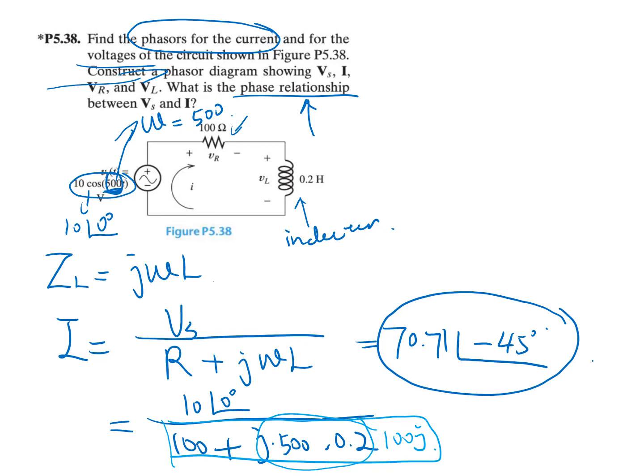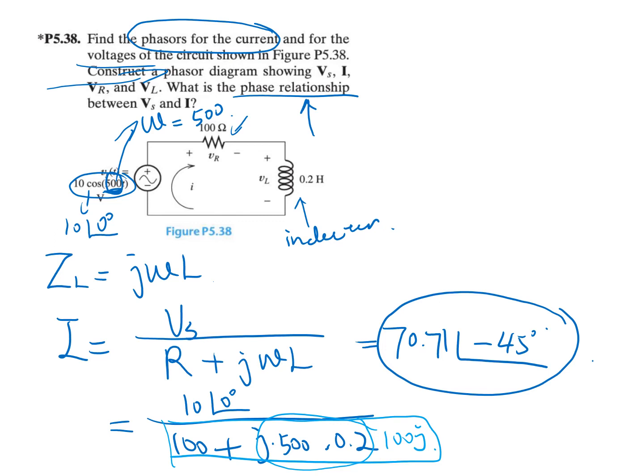Now what we need to do is to find VR and VL. In the phasor domain, all the elements, the capacitor, inductor, and resistor, can be thought of as an impedance and can be used just like resistors.